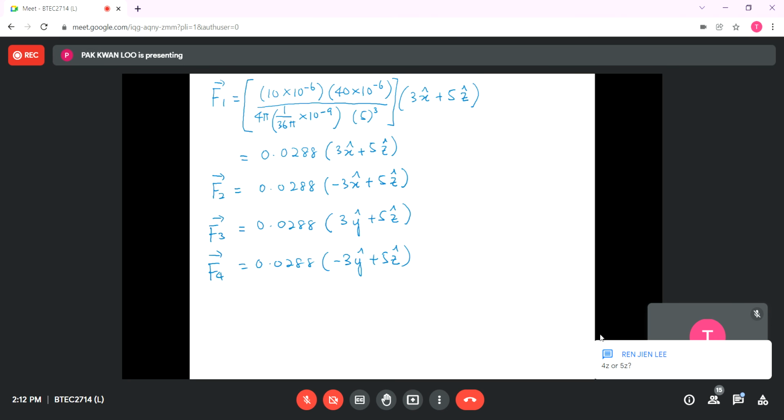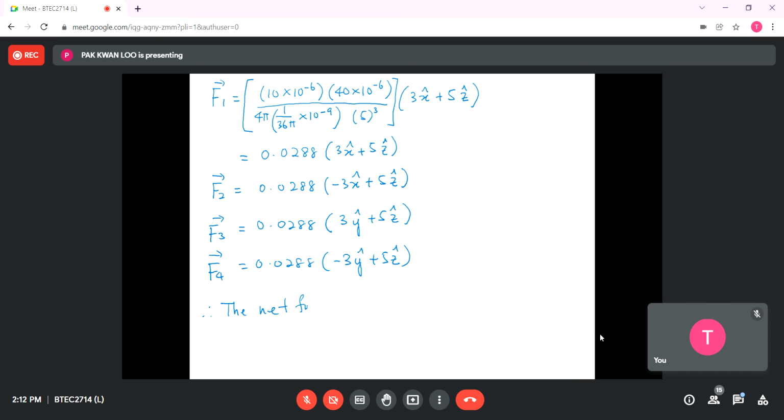Okay. So therefore, the net force experienced by charge Q is the sum of all the vectors at that point.